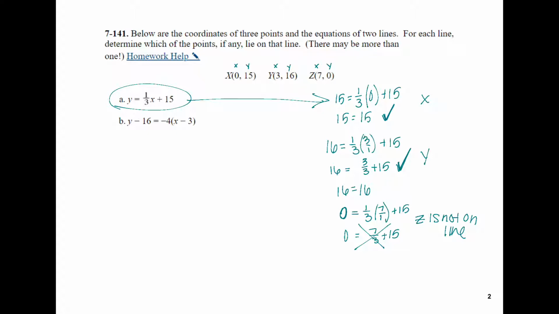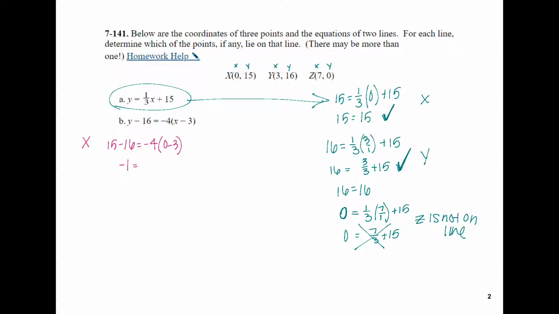Then we're going to do the same thing for equation B. If we replace our y value with what they told us our y equals, replace our x value with what x is in the ordered pair, we follow our order of operations. 15 minus 16 is -1.